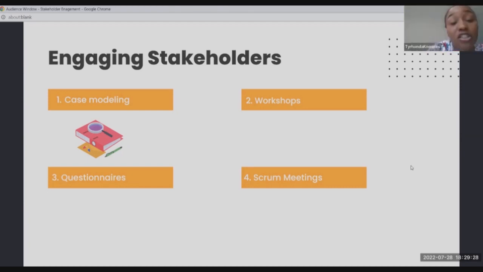And that is a continuous process, especially if we have to release items in iterations or different groupings. So once again, it's different methods for different groups, but I also would like to hear what tools you use to engage your stakeholders.